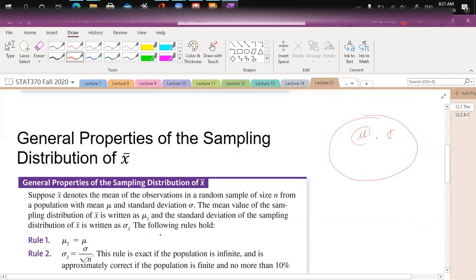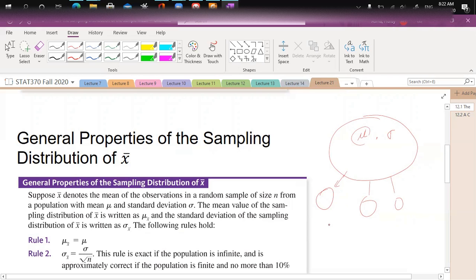The mean value of the sampling distribution of x bar is written as mu x bar. Now what we are doing here is selecting different samples of the same sample size from this population randomly, and keep doing this. Hypothetically, let's collect all the possible samples that can be drawn from this population.